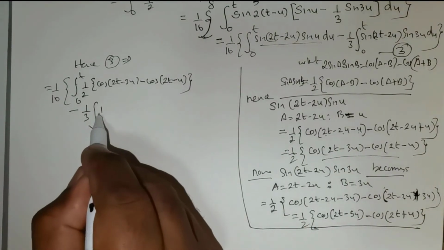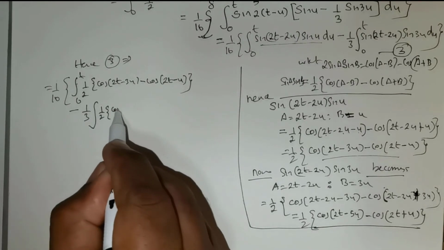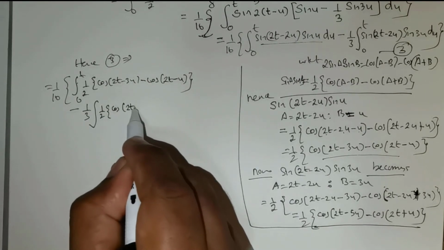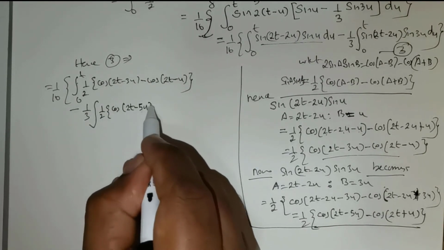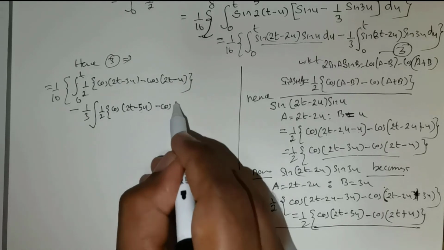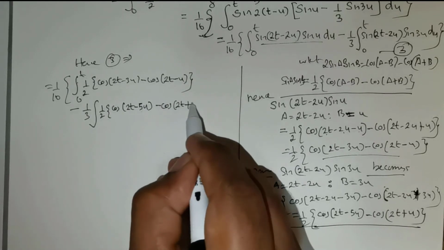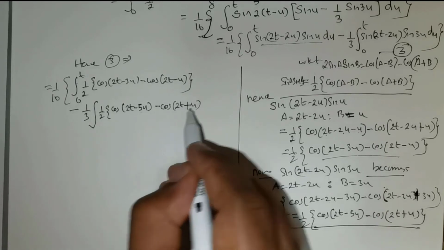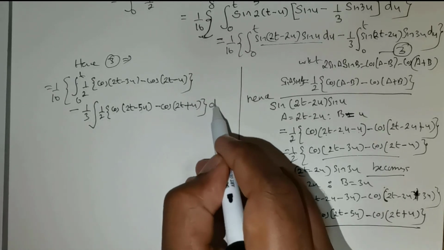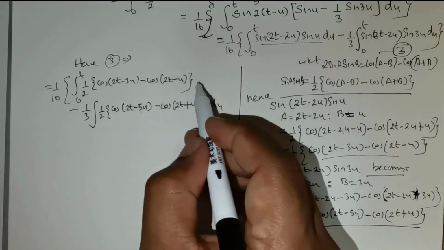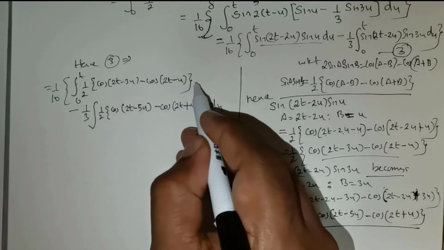So it's going to be 1 over 2 times cos of 2t minus 5u minus cos of 2t plus u. This is what I've got, times du. Of course, I need to have a du.